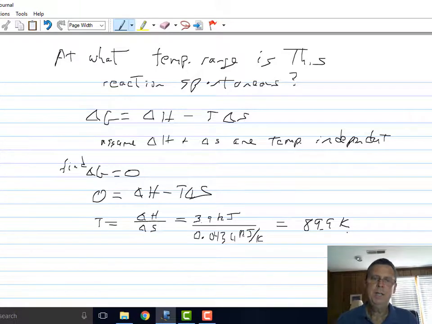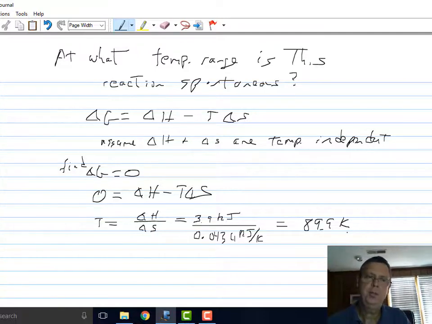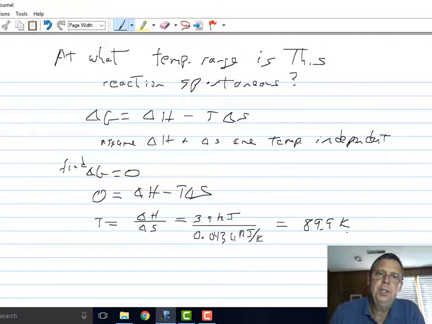So we need to decide, is the spontaneity above or below this temperature? It's not at this temperature necessarily. This is the inflection point where we actually have no reaction. If delta G is exactly 0, it doesn't proceed in either direction. So we have to look at delta H, T delta S. Go back to our initial expression, go back to this relationship.